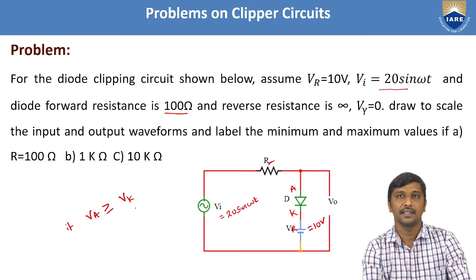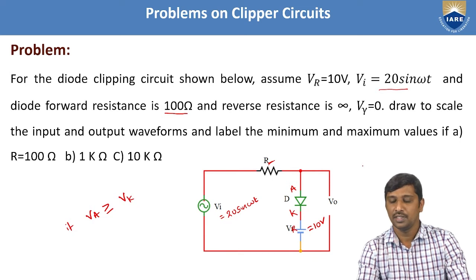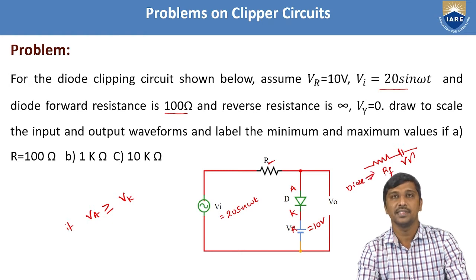If the diode is conducting, then we need to consider the equivalent circuit. We know that when the diode is conducting, the equivalent circuit is a resistance along with the cut-in voltage V gamma, and this is the diode forward resistance. This is the diode equivalent circuit when the diode is conducting.